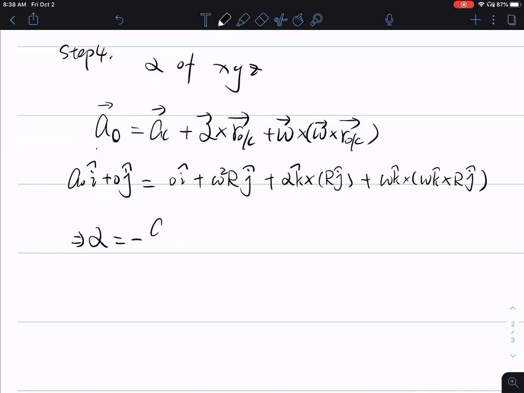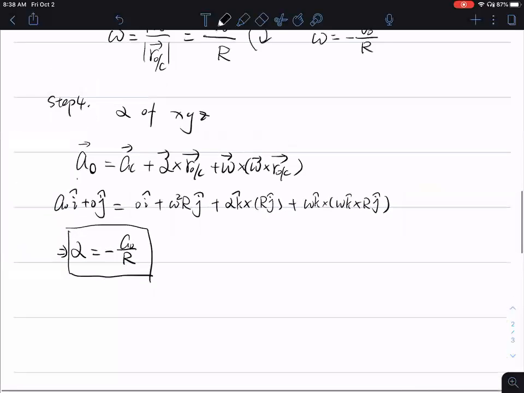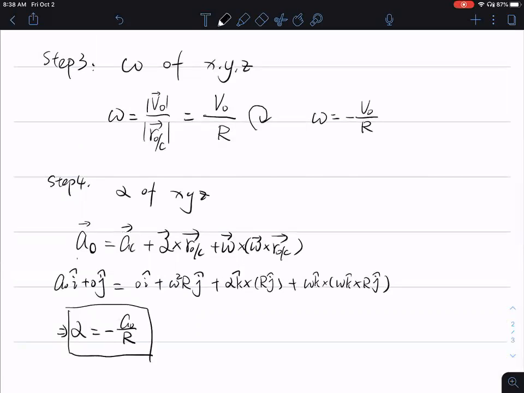Alpha equals negative A_O divided by R. So for steps 3 and 4, we require you to use the knowledge from chapter 2 to solve for alpha and omega. Questions? Any questions? This will be on your exam. Just saying. So it would be a good time to ask questions.